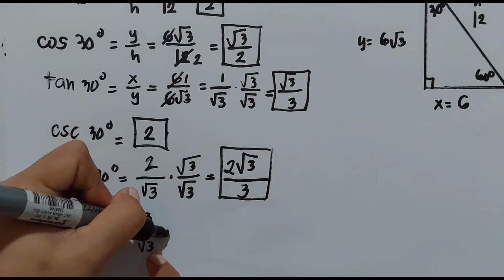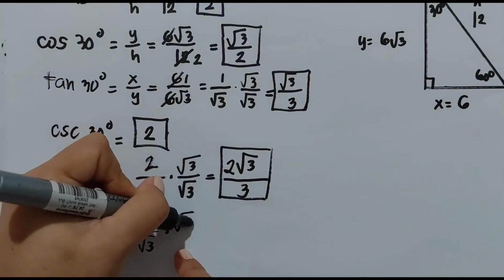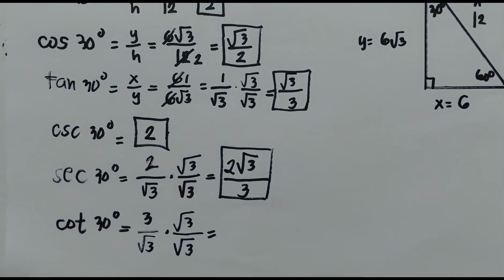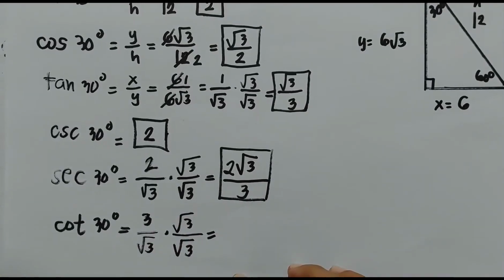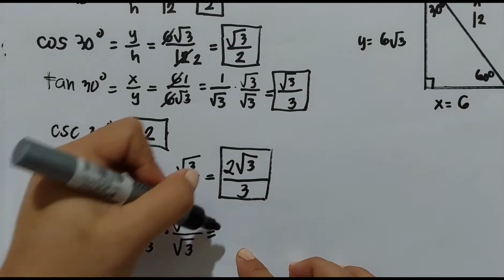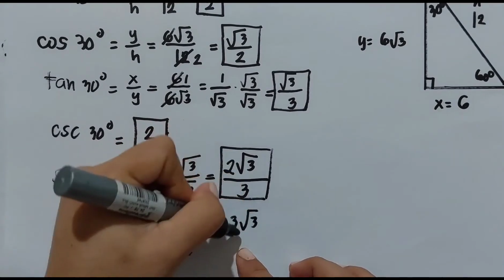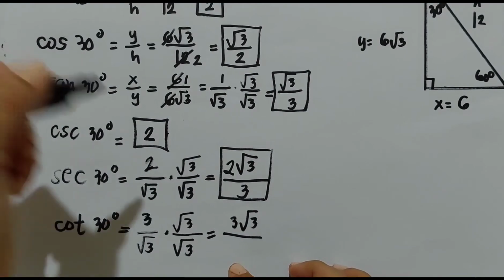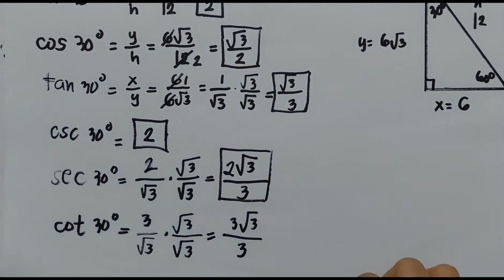Then, rationalize to remove the radical sign in the denominator. Okay. We multiply that by square root of 3 so that it becomes a perfect square and its radical sign, the square root, is extracted. So, 3 times square root of 3 over square root of 3 times square root of 3, that is square root of 9, which is equal to 3.